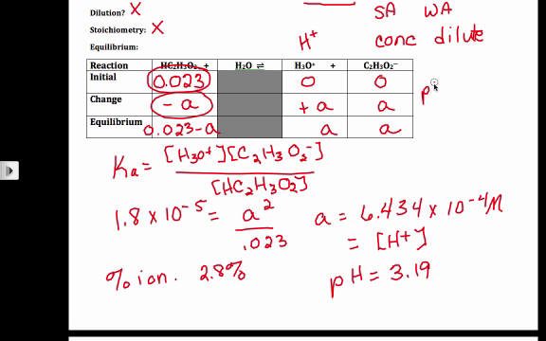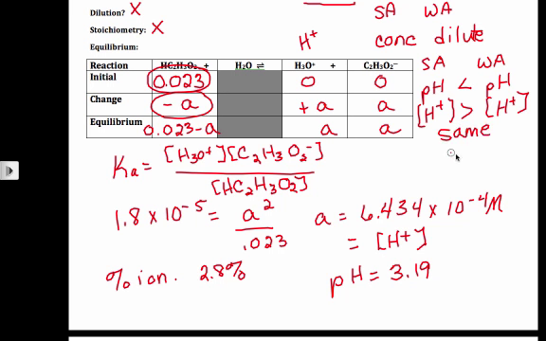So it would be expected that the pH of your strong acid would be less than the pH of your weak acid because our H plus concentration is greater for the strong than the weak. But that's only because they were the same initial molarity.